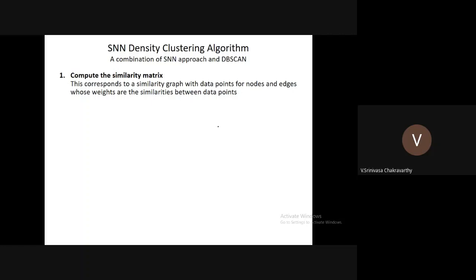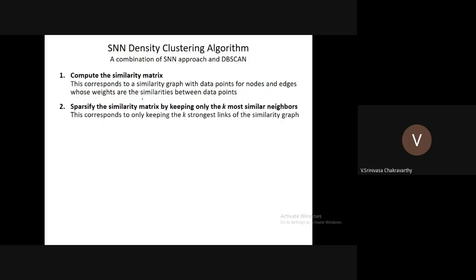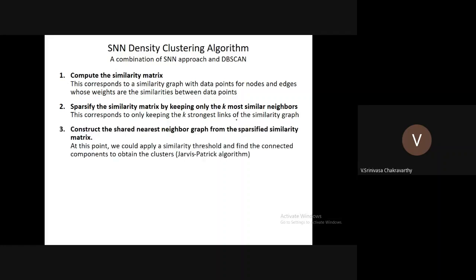But on that graph, again, you are looking at a single threshold. Whereas if you look at the density of a given point and compute your clusters, will that give you a more robust result? So that was the logic behind this SNN density clustering algorithm. What they do is they compute the similarity matrix, right? And again, just like before, take only the strongest clusters.